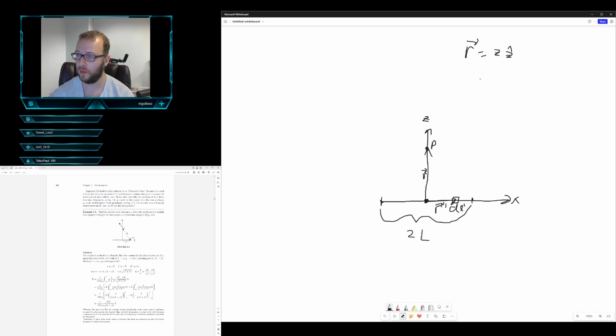So R prime is equal to, and this is along the x-axis, so it's simply x hat. Very easy. Now, what is dl? dl is along the x-axis, and it is dx.